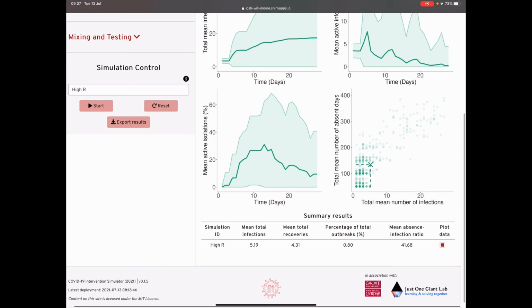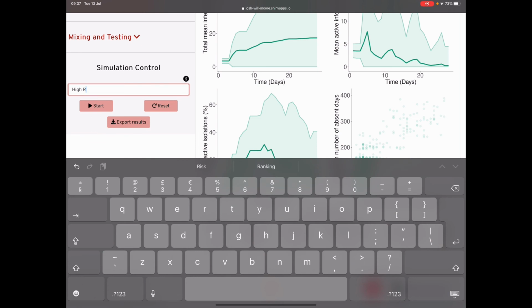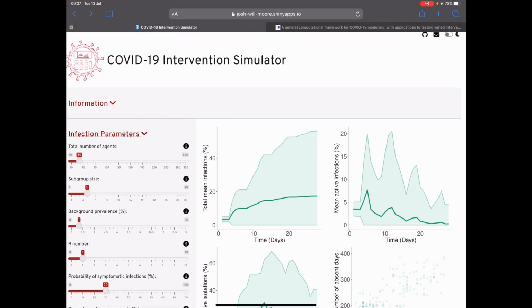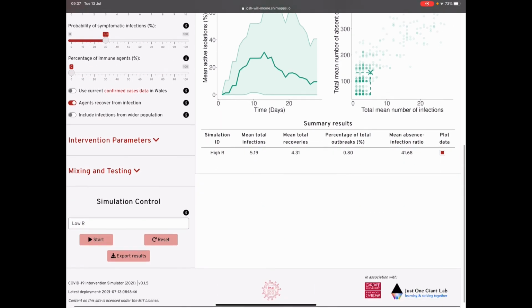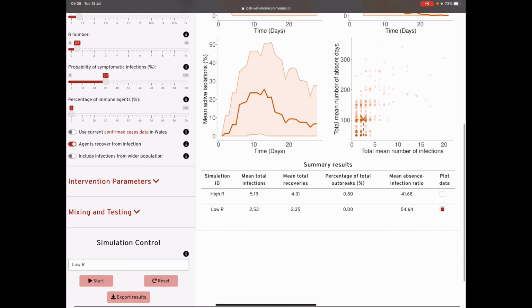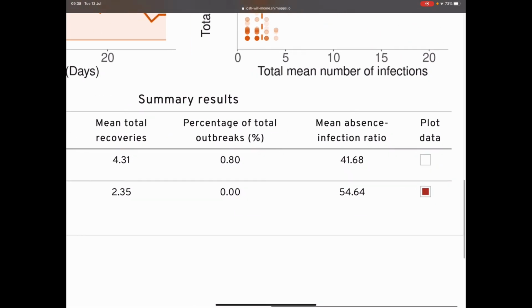If you run multiple simulations, so this could be low R. So let me change the infection parameter, and now let me change R to be a bit lower. I run again. It will update the simulations and it will give you the exact simulation that you've run. That's what this square on the right here is saying.